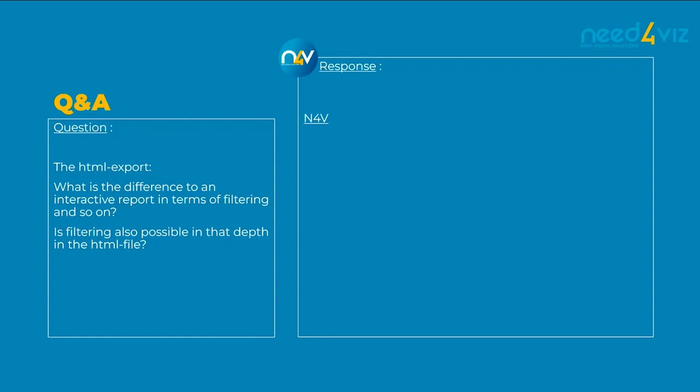So, in the example of the drill bar that we showed you today, you were able to navigate from state to city, for example, and that same interactivity that you designed into the Web Intelligence report is available in the HTML5. Fantastic.